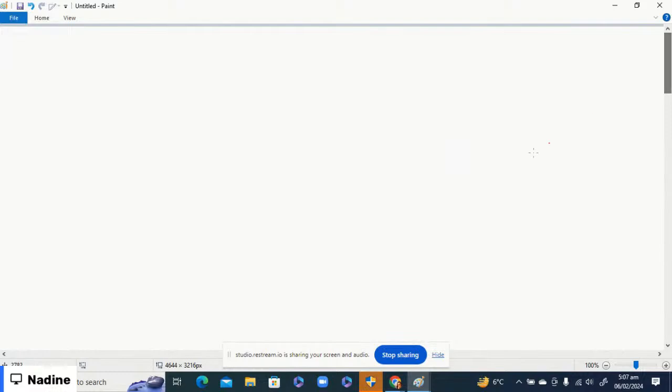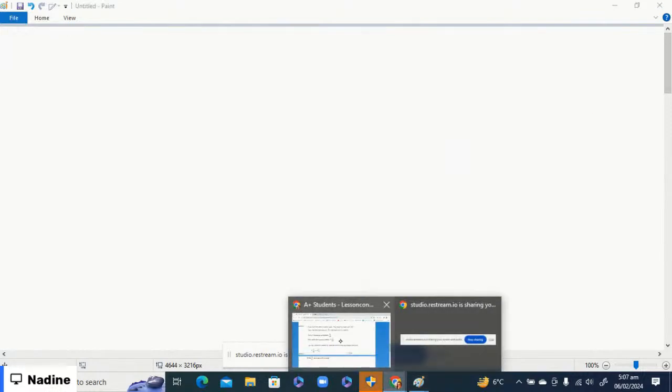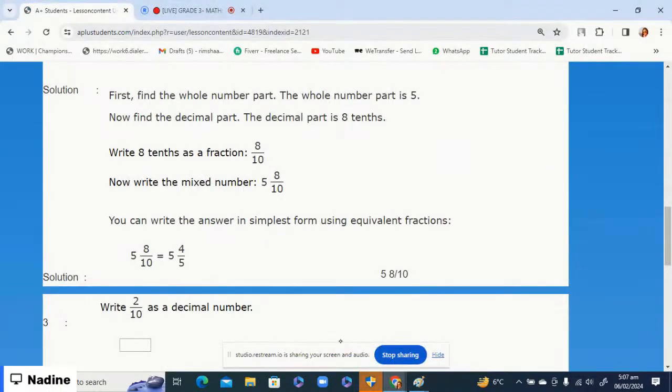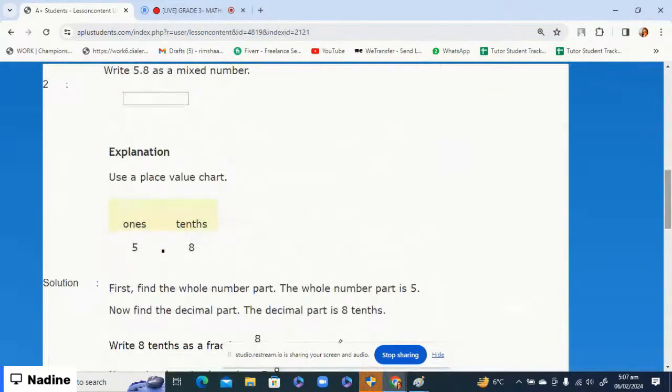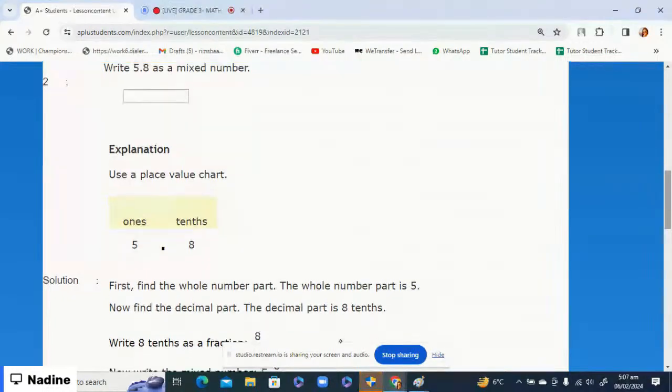Now here is the question, which is 5.8. So here is 5, then the point, and then it's 8. As we know, 5 is in the ones place, 8 is in the tenths place. So this becomes 5.8.